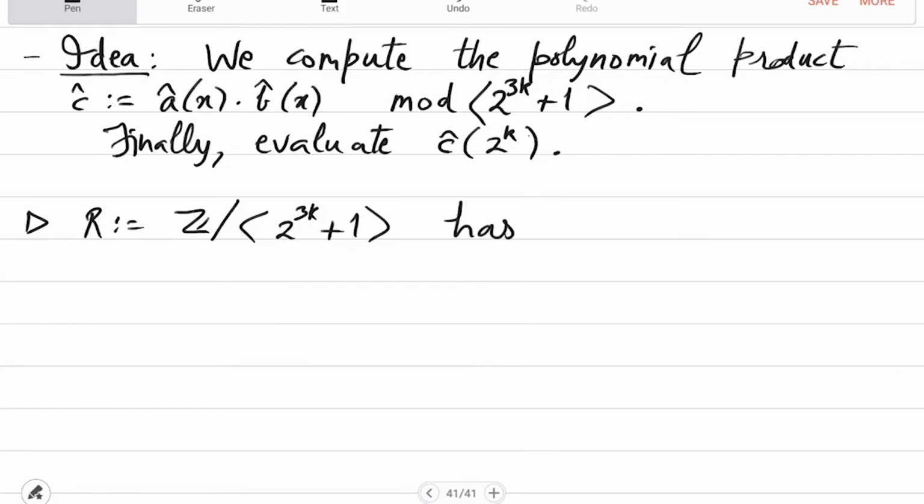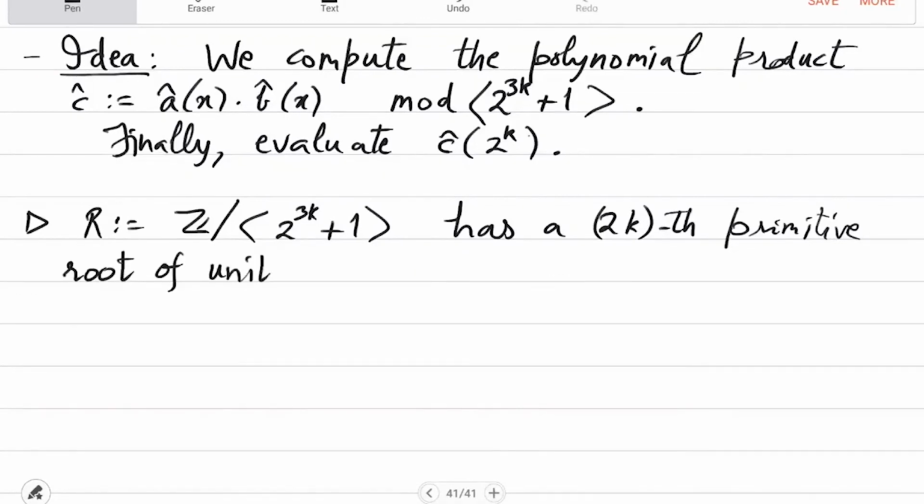Now this has a 2kth root of unity, which is, so what is this omega? Well, 2 cube. So 2 cube is 8, and in this ring 8 to the k plus 1 is 0. So 8 has order 2k, right? So omega is 8.